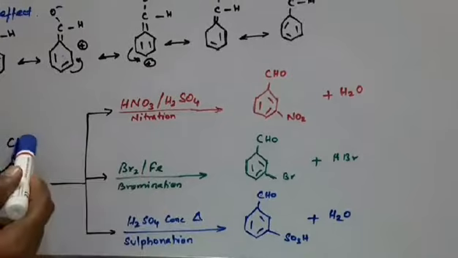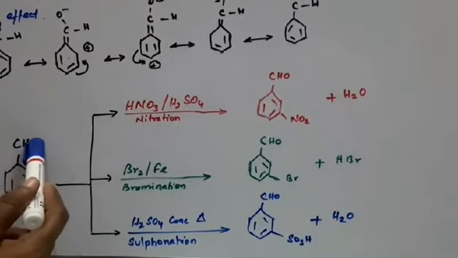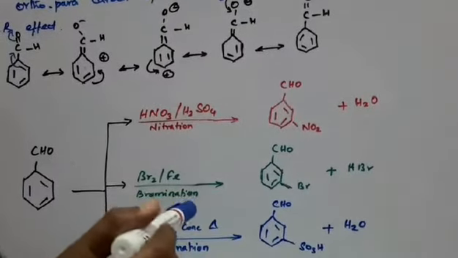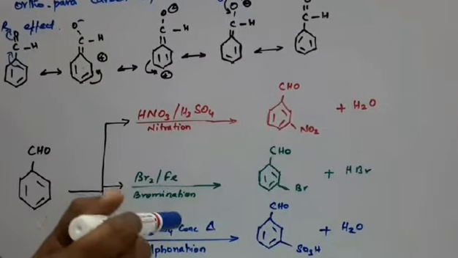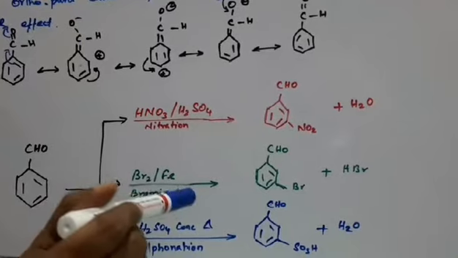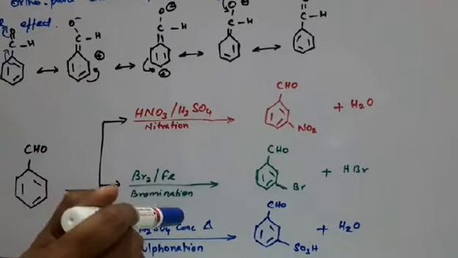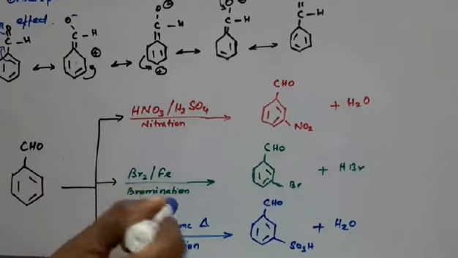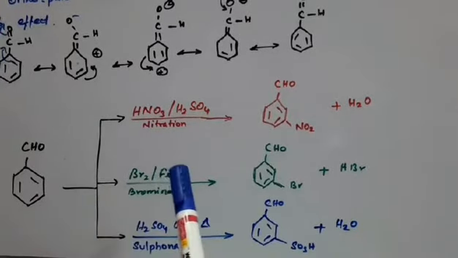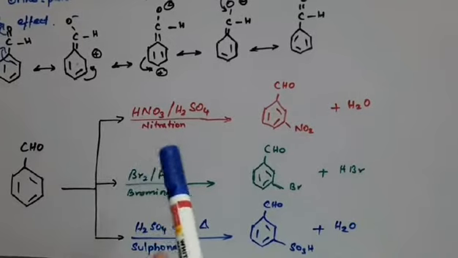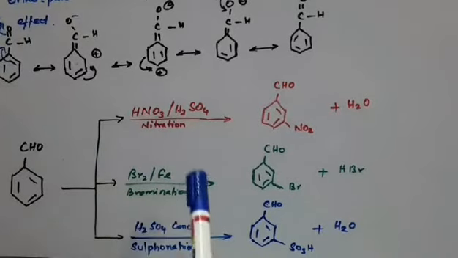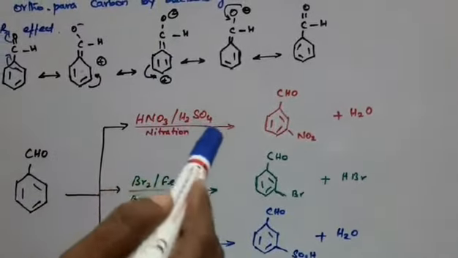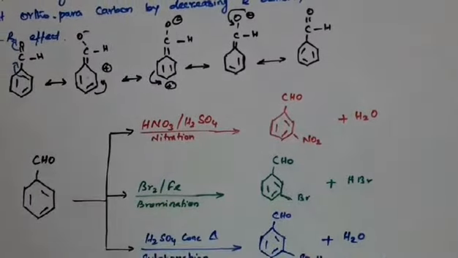Okay students, the same thing happens for benzophenone or COCH3 compounds. But the one thing you must keep in mind is that aromatic aldehydes and ketones will not undergo Friedel-Crafts reactions. Earlier we studied that Friedel-Crafts means electrophilic acylation or alkylation takes place, and we get the ortho product as well as the para product.